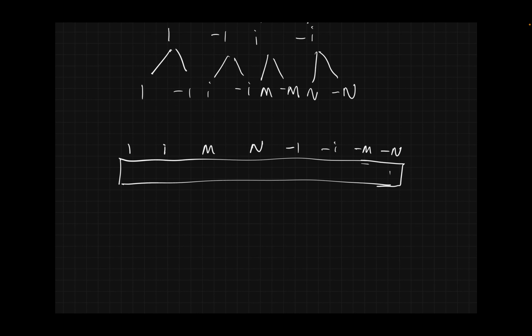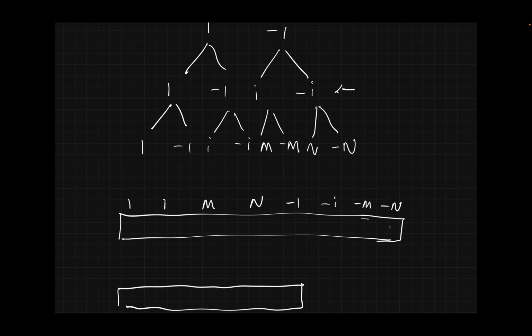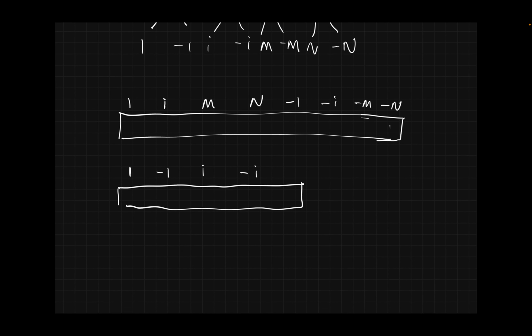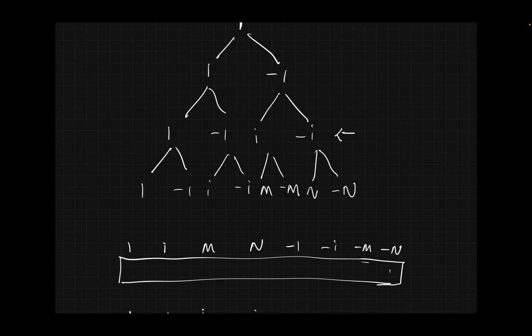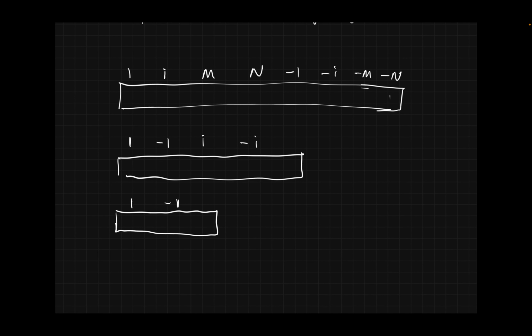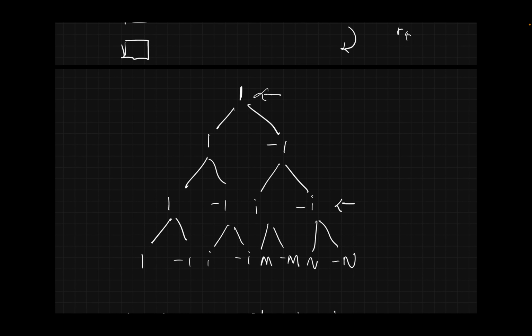Now, the next layer, you are going to use the next root of unity, which is what? 1, minus 1, I, minus I. Make sense? Then the next layer, you're going to use the next root of unity, which is what? 1 and minus 1.